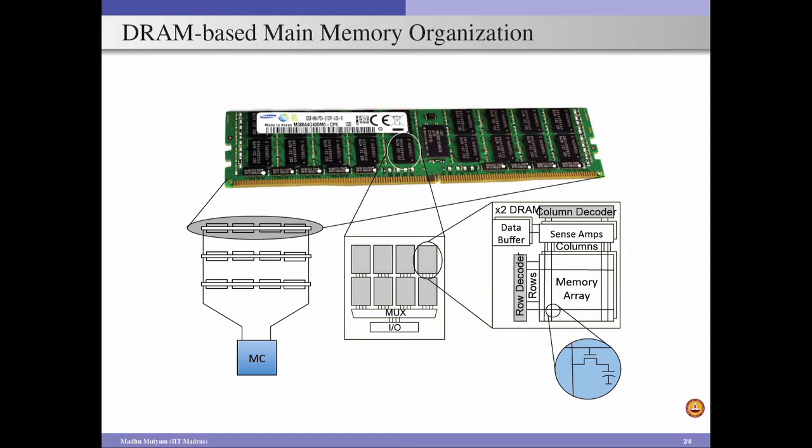Because of this low number of transistors required to store one bit of information, DRAM-based technology provides higher density so that we can keep more and more information.